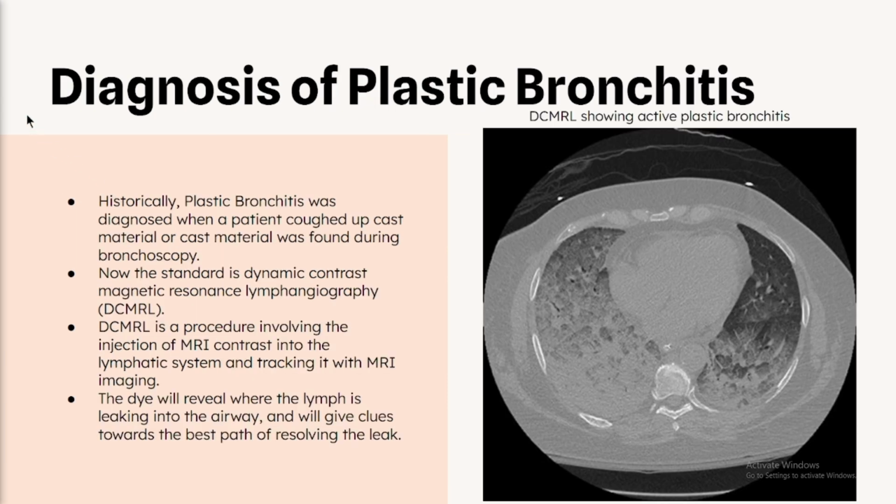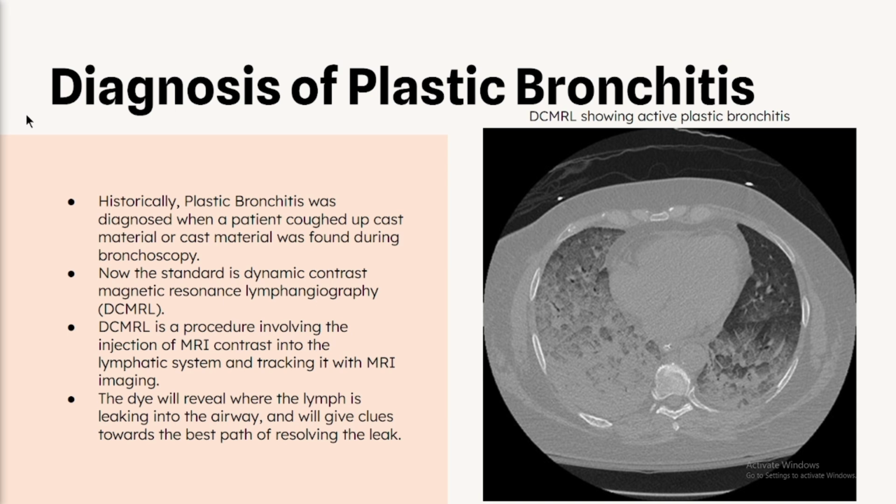So how do we diagnose plastic bronchitis? Well, historically, diagnosis relied on bronchoscopy to visually confirm the presence of casts, or it was seen when a patient coughed up a cast. But today, the gold standard is advanced imaging like dynamic contrast magnetic resonance lymphangiography, or DCMRL for short, to identify lymphatic leaks and abnormal flow patterns.